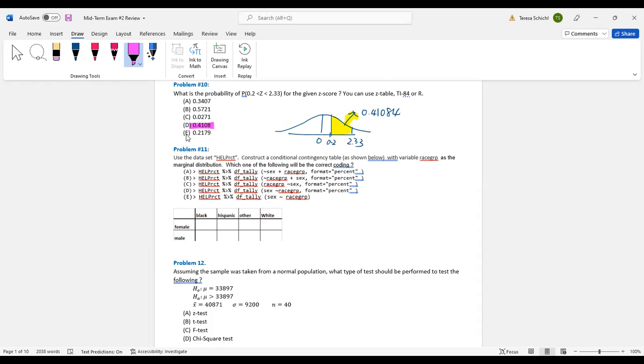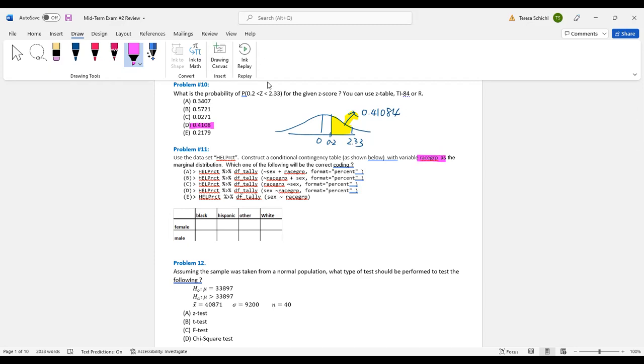I want to show the contingency table here with the variable race group as the conditional distribution, and then the marginal distribution.